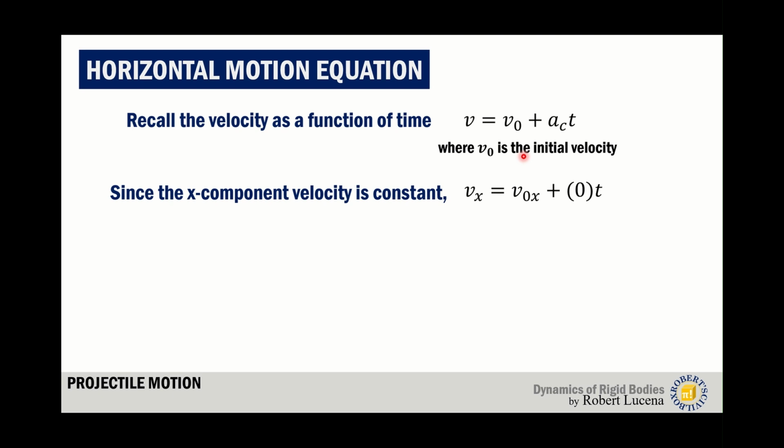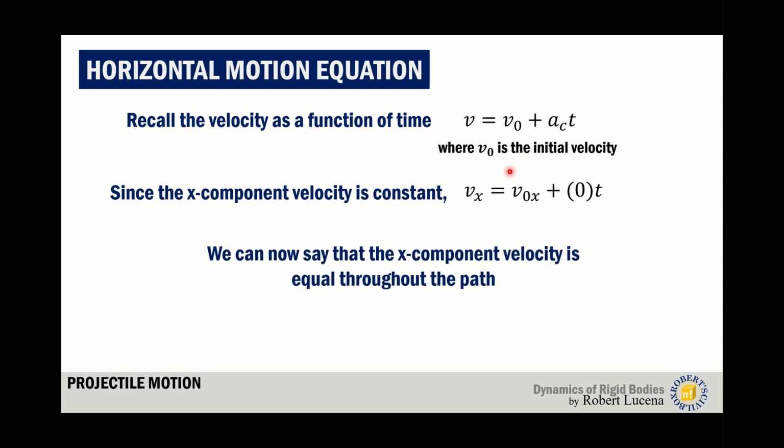So we have the acceleration along the x-axis as 0, which means that the final velocity and the initial velocity, when analyzing a particle in projectile motion, are constant throughout the path.